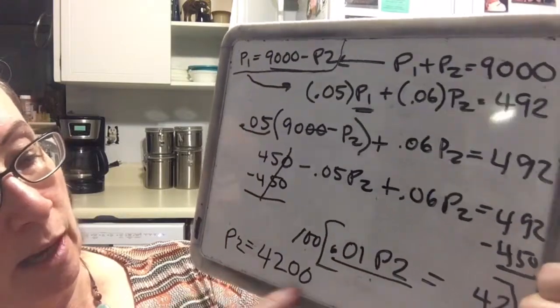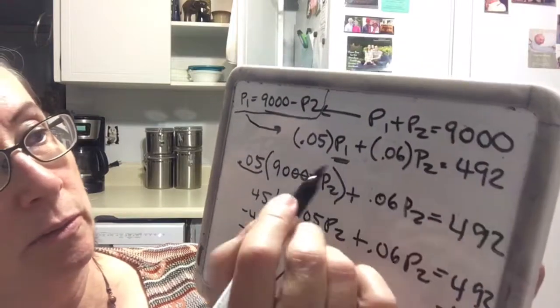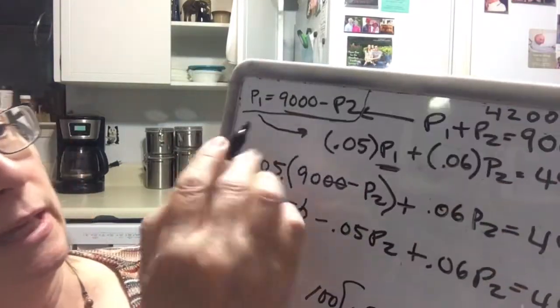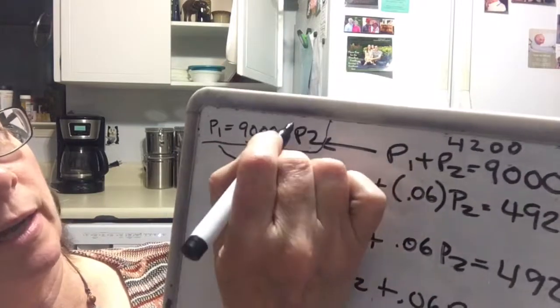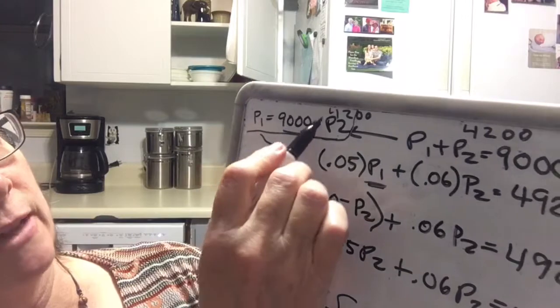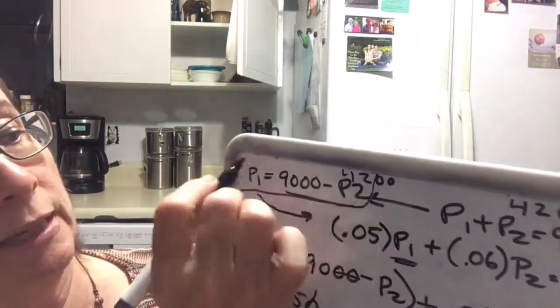So she borrowed 4,200 at P2. And then when we plug 4,200 in here, we take 9,000 take away the 4,200, which is 4,800.